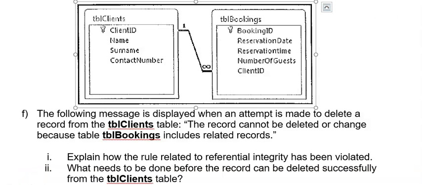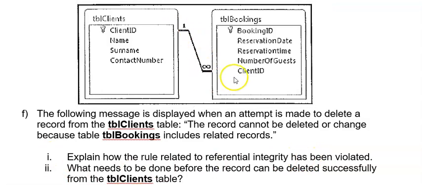Unfortunately, I don't have a proper copy of this paper, but here is the table design. And then here this says that we're getting an error message when we're trying to delete a record from TBL clients. The record cannot be deleted or changed because the table TBL bookings includes related records. Now, we have to explain how the rule related to referential integrity has been violated.